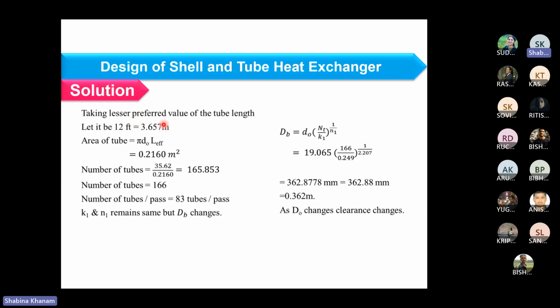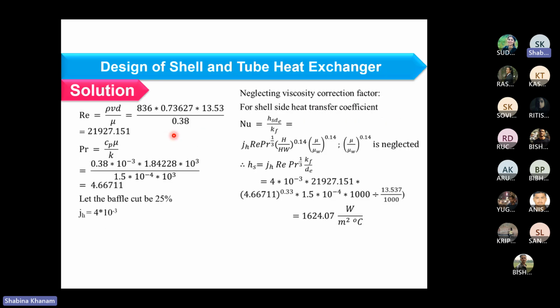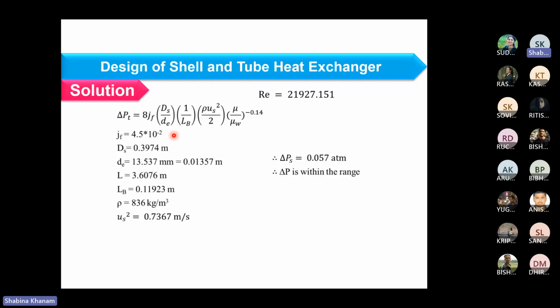Yes, if you see this 12 feet, it is coming as 3.657. For effective length, we have to reduce twice the tube sheet thickness from the total length. So 50 has already been reduced here, so L is already effective over here.